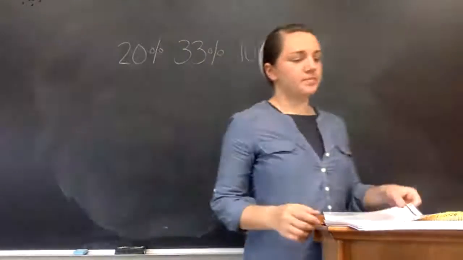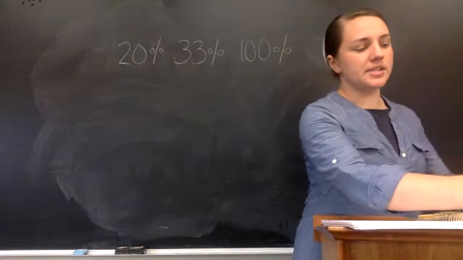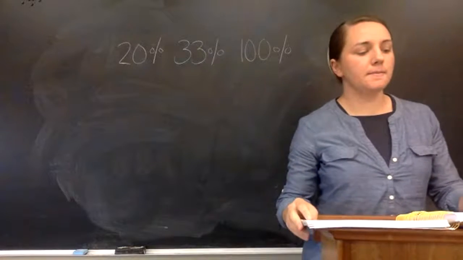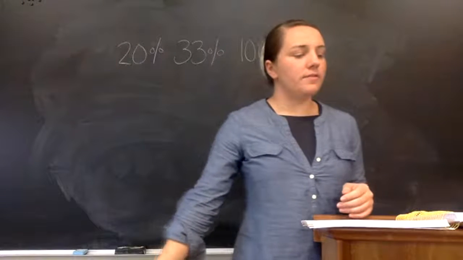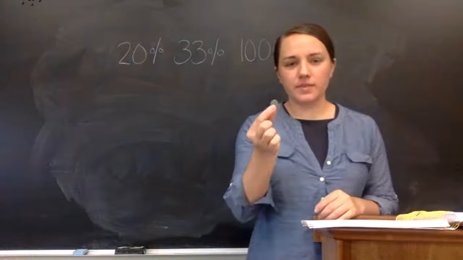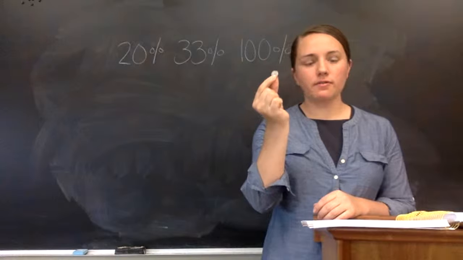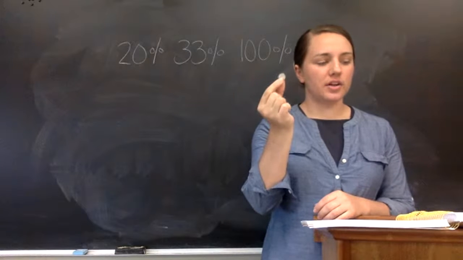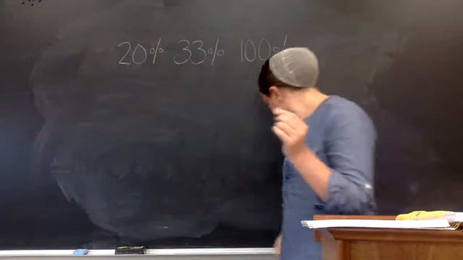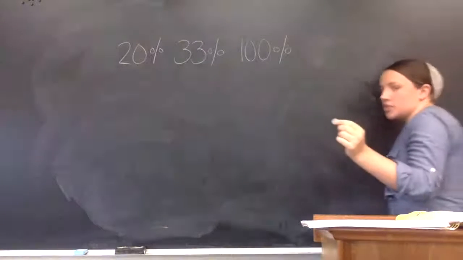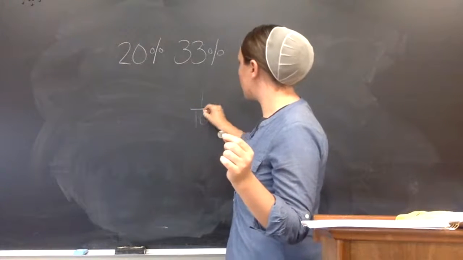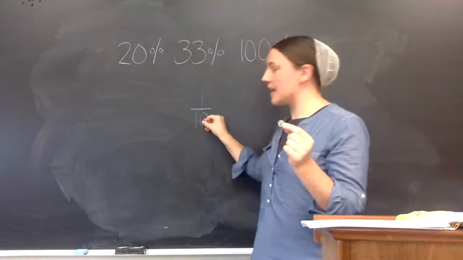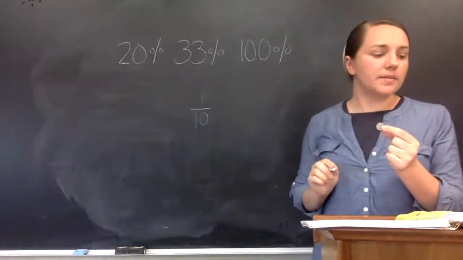Very good. We're getting into percents in today's lesson. First of all, could you tell me what fraction of a dollar a dime is? Now your answer should be 1/10, since this is one dime, but it takes 10 of them to make a dollar.